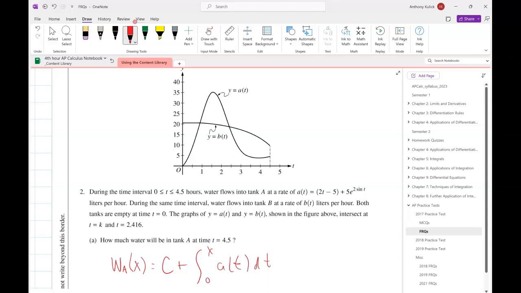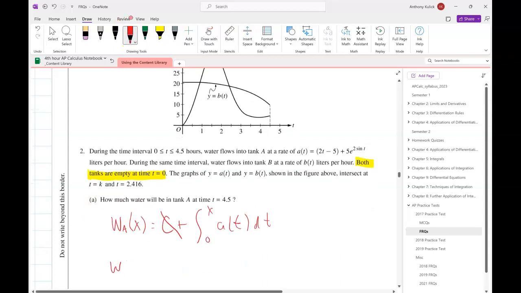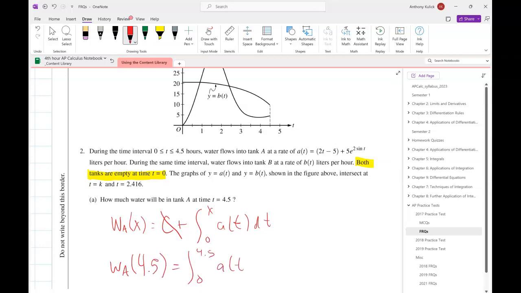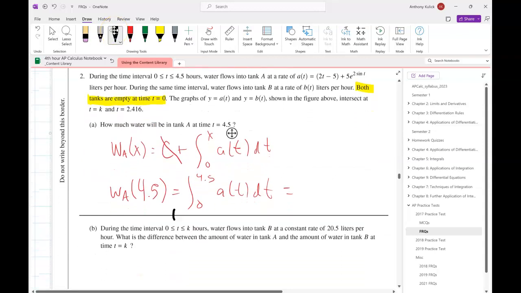What is the C in this case? 0. Why? Both tanks are empty at time t equals 0. Boom. So that would be 1 point.